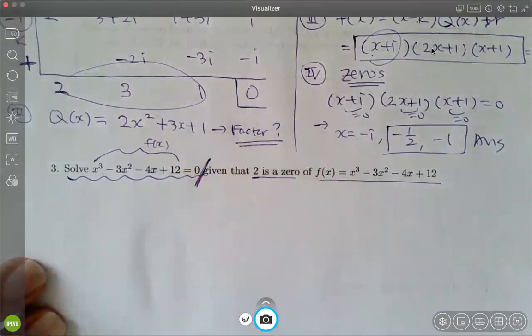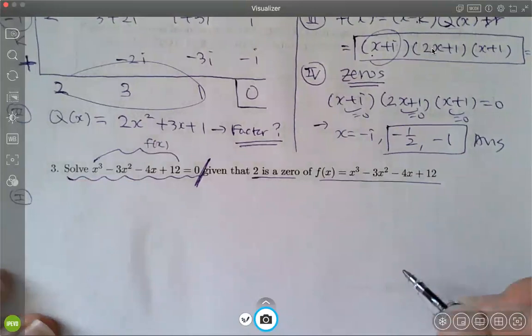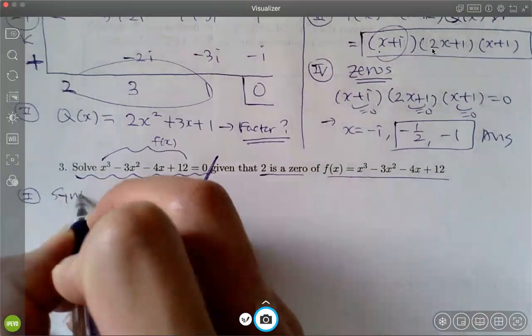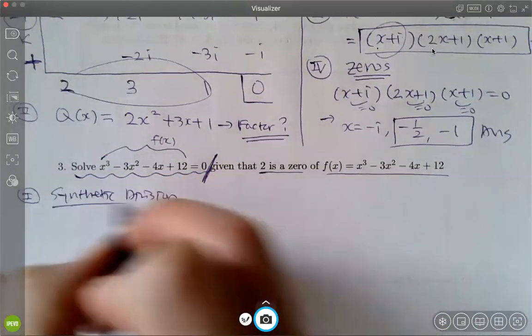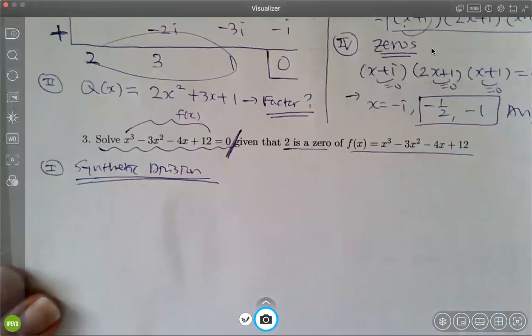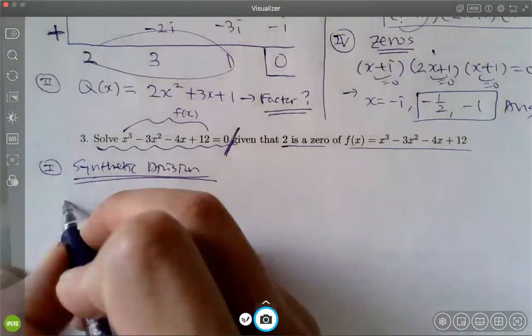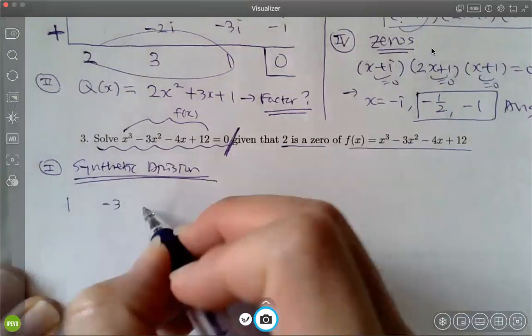Now what is step number 1? Step number 1 is always the same: synthetic division. Here f of x will be the dividend, of which we take the coefficients. So what are the coefficients? 1, negative 3, negative 4, and 12.